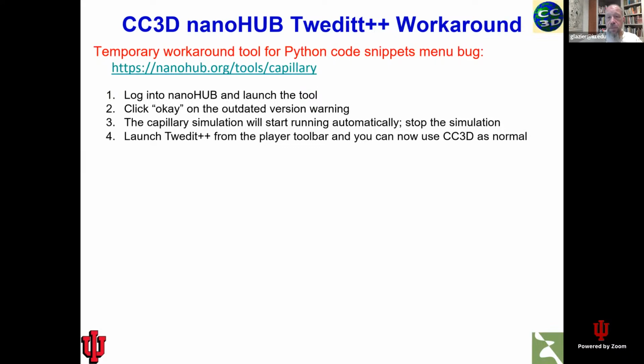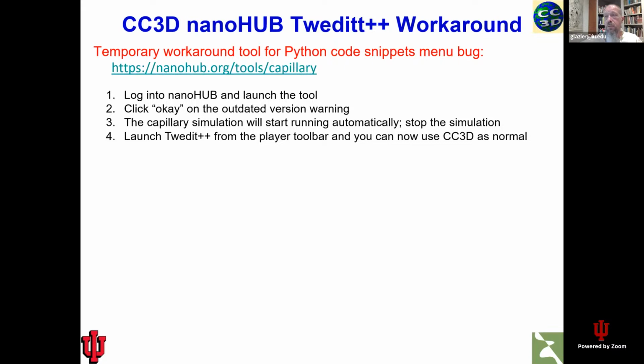Again, for people who are just joining, we noticed that the current release of CompuCell on NanoHub has an issue in Twedit that the Python code snippets are missing. There is a version of CompuCell on NanoHub that has the code snippets. To get there, you need to go to a slightly different module. You'll be going to nanohub.org/tool/capillary.